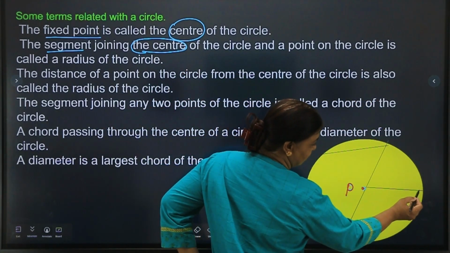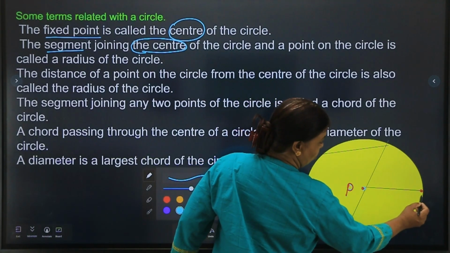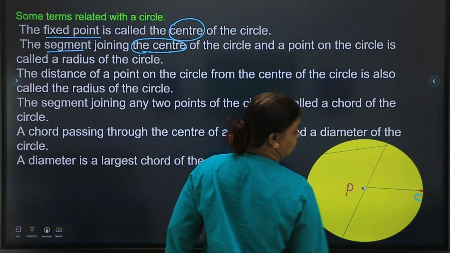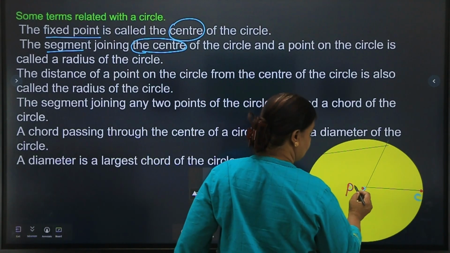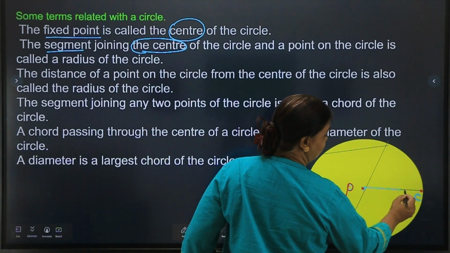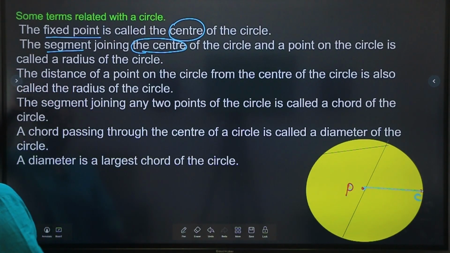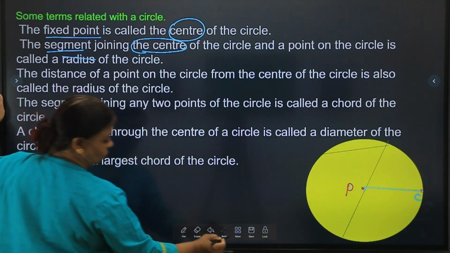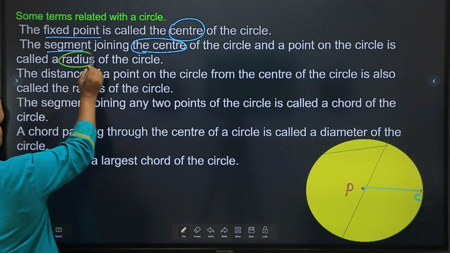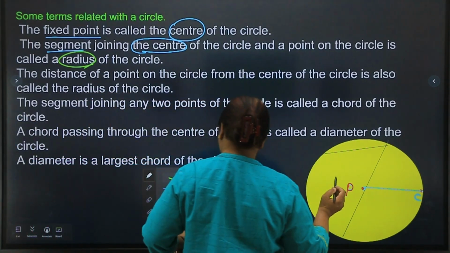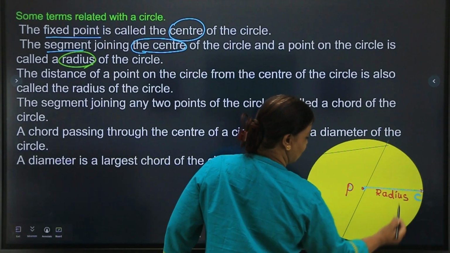Suppose I take a point here and that point is C. So, the line which joins the center of the circle and the point on the circle, that line is called the radius of the circle. What is it known as? Radius of the circle. Okay, it is known as radius. So, PC is the radius.